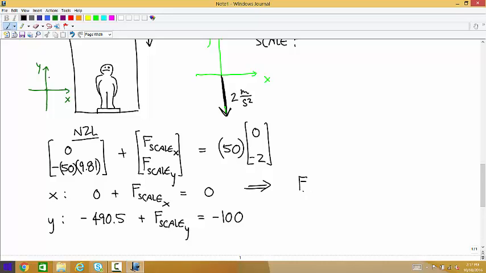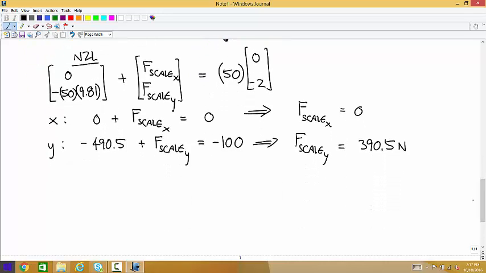The x equation says F scale x is equal to 0, and the y equation says F scale y is equal to positive 390.5. And those combine to tell you that the vector F scale, the force applied to him by the scale, is 0 for x, positive 390.5 for y.